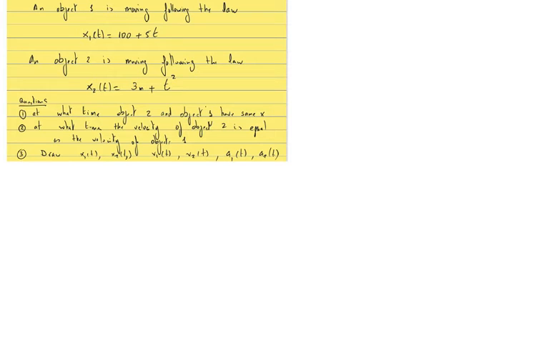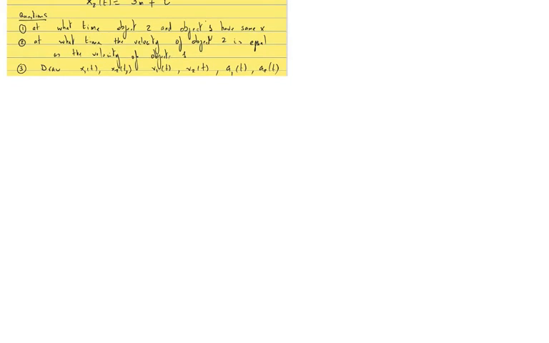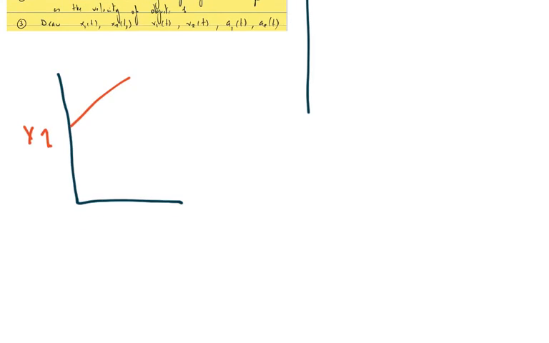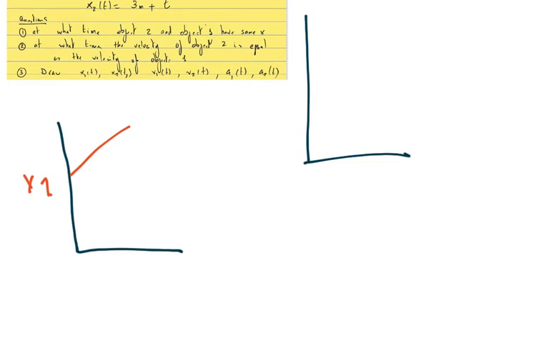Question 3 in question 1 is asking us to draw x1, x2, v1, v2, a1, and a2. So for x1, our graph would look something like this, and this would be x1. For x2, our graph would look something like this, and that would be x2.